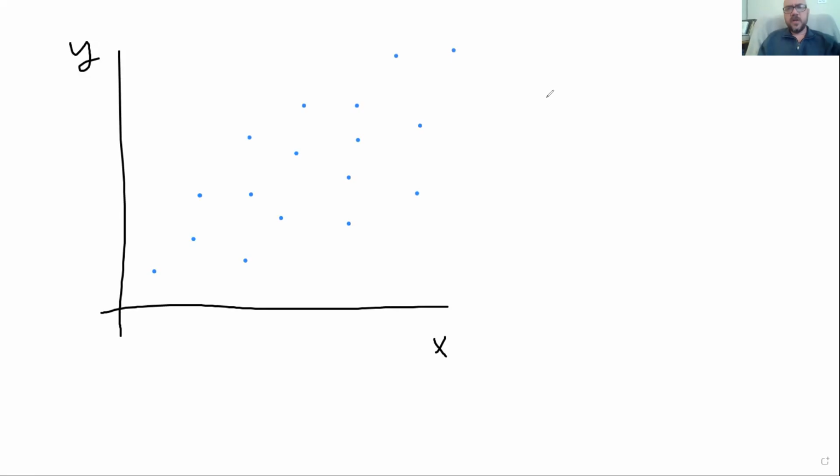So X is a variable and Y is a variable. We're thinking of this point right here as having an X coordinate and a Y coordinate, right? Each of these dots might represent a person, where X is their height and Y is their weight, right? And so it's two variables about the same thing.